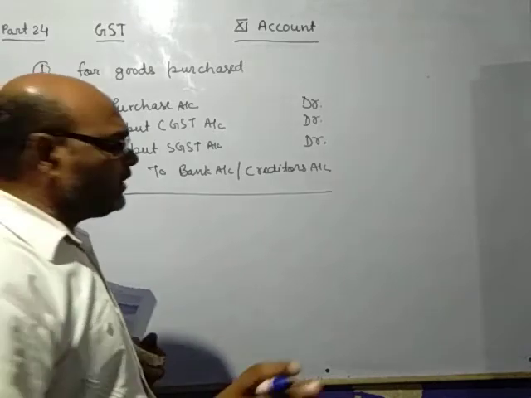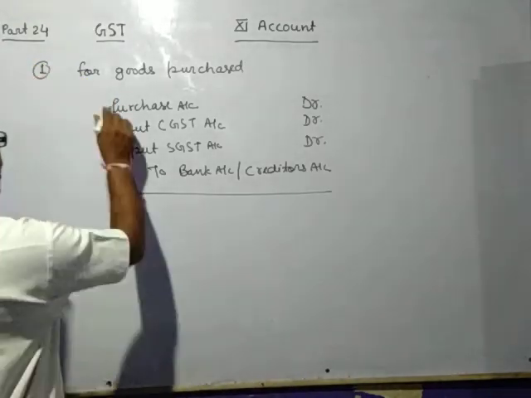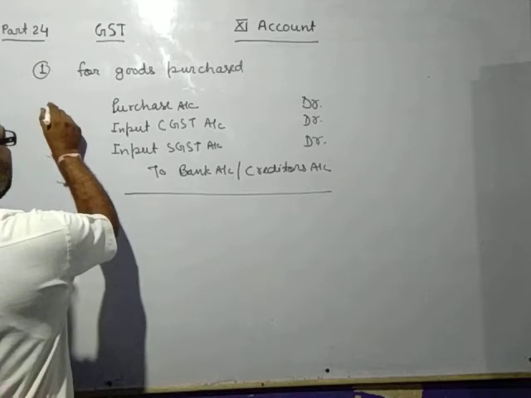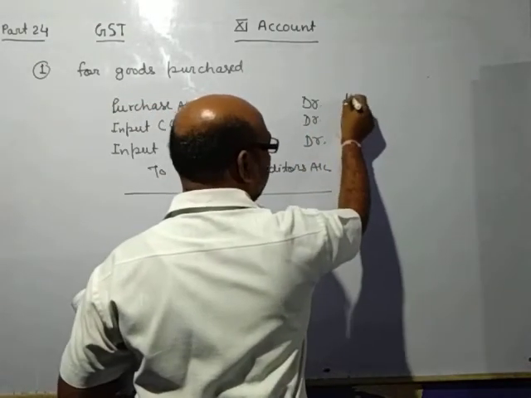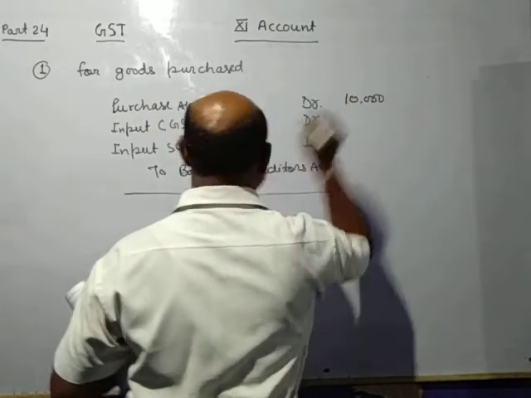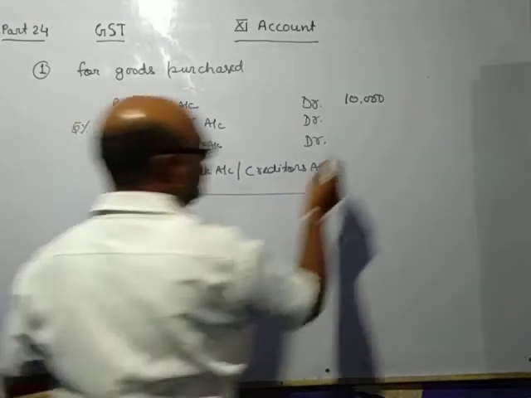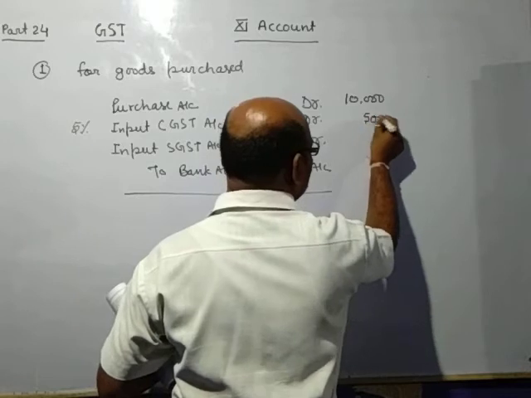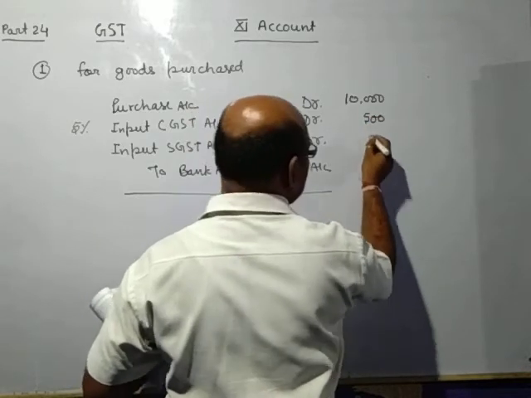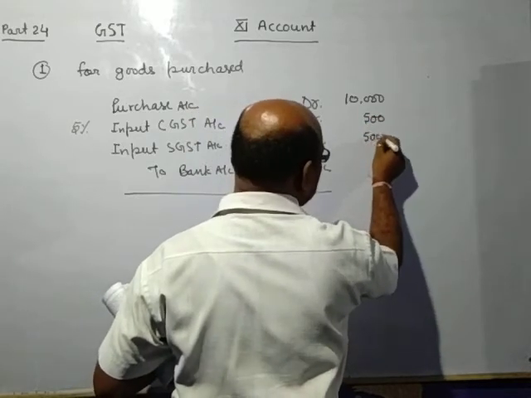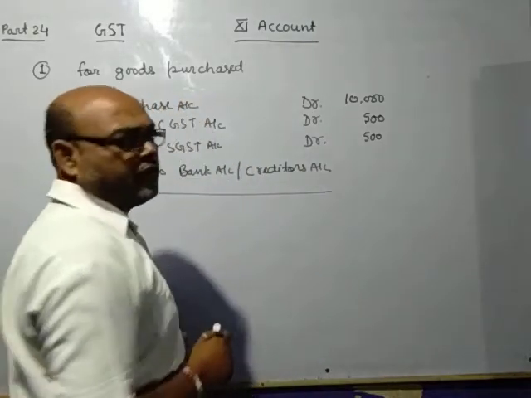If the GST rate is 5%, now you purchase goods of 10,000, for example, and this is the rate of 5%. Now 500 you will pay to the central government and 500 you will pay to the state government.